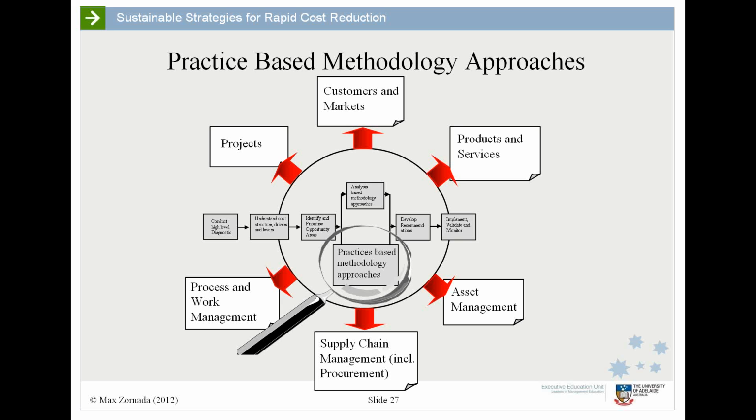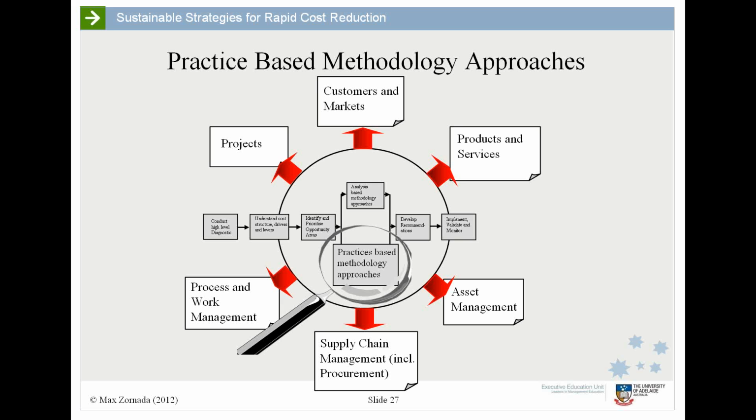Okay. Most of the techniques that I've just discussed require some kind of analysis, put together some kind of team who's going to go and look for opportunities that aren't obvious without applying some kind of analysis to the area they're looking at.